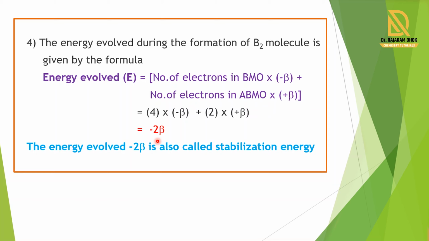So minus 2 beta energy is evolved in the B2 molecule, and this energy shows that the B2 molecule is a stable molecule because it evolves minus 2 beta energy.